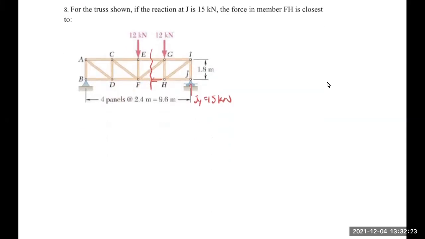Okay, so let me just draw the free-body diagram for the right side. Point G, point I, H, point J, and each panel is 2.4 meters.